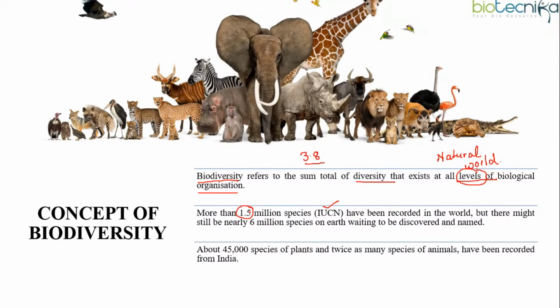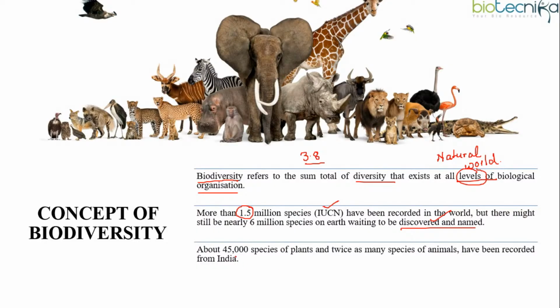But still, we have no clear idea of how many species are yet to be discovered and described. I'm talking about the number of species recorded in the world. And still there are many species, 6 million species, waiting to be discovered and named.